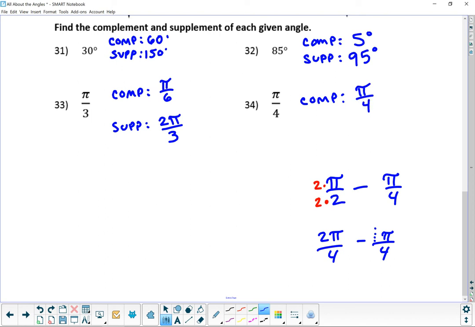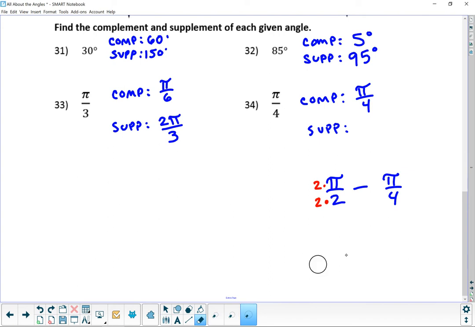Okay, that's my complement. My supplement is, again, same idea, except instead of pi over 2, because 90 degrees is complement, supplementary is 180 degrees. In terms of radians, we have to use pi. Refer back to your notes: pi and 180, which is the supplement, are the same.